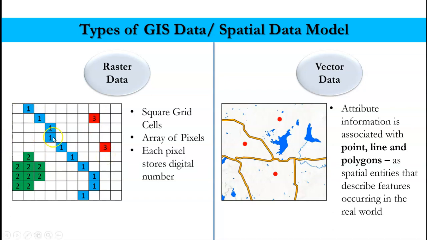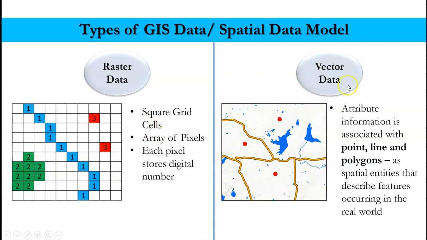We have 3 classes, so every class is just a square because a pixel is a grid. Raster is actually an array of pixels and each pixel stores a digital number. So when we classify the image directly by using classification techniques, we also get the output in pixel form and we just classify them.